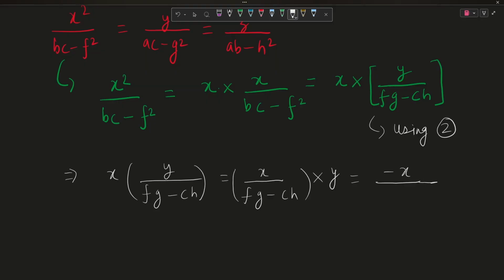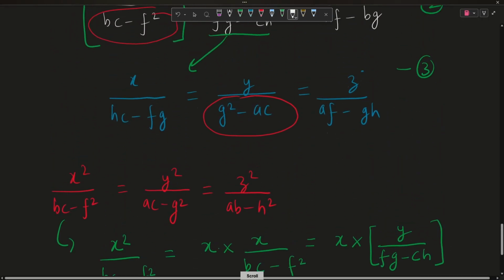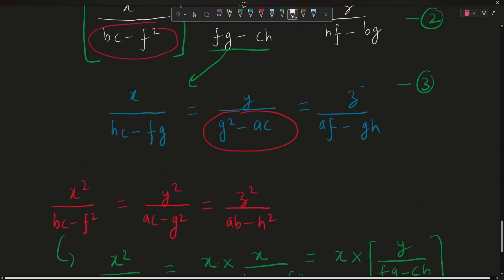I'll explain why I've put minus: just alternate the values in the denominator of the fraction x upon fg minus ch, which becomes ch minus fg into y. Right? Now I can say that x upon hc minus fg is equal to y upon g square minus ac.